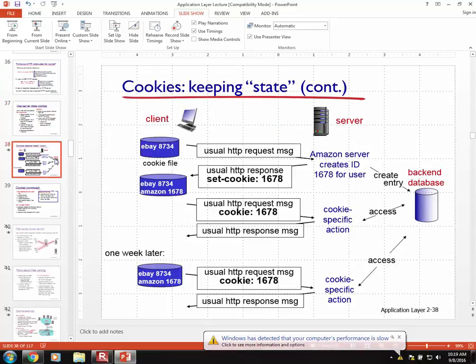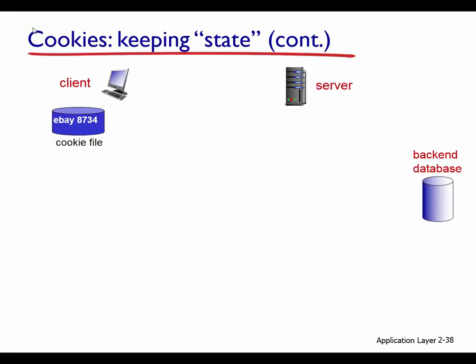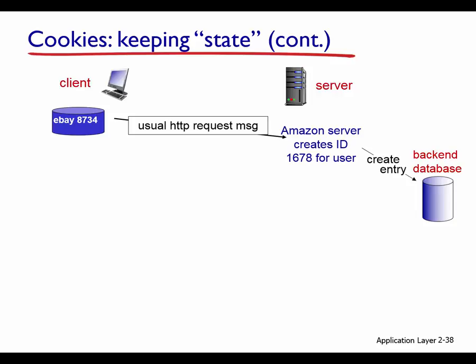So let's take a look at what happens. You have our user, Susan. She is on a client, and she only has one cookie saved on her local host, which is one for eBay that she went to before.